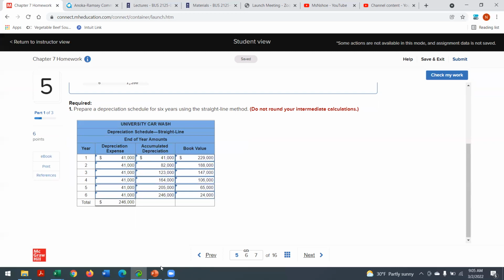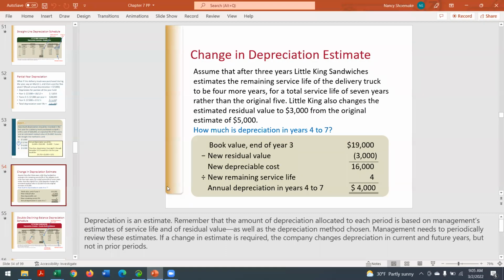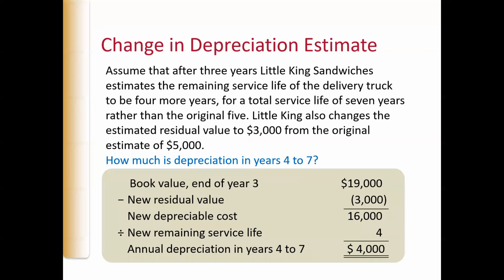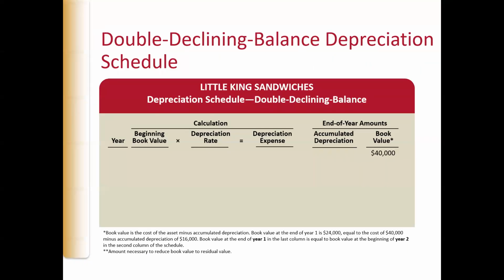Okay, let's go back to our PowerPoint and look at the next one. This next one is double declining. Now, guys, a lot of people can have troubles with this, but don't think of straight line and try to do this the way we do straight line, because it's not going to work. Think of it as a different scenario altogether.